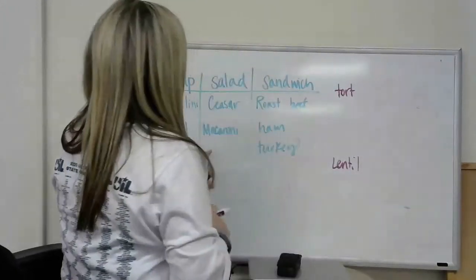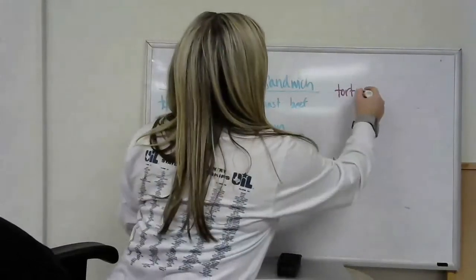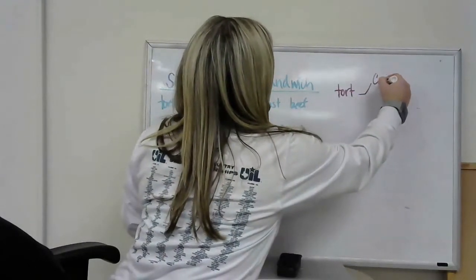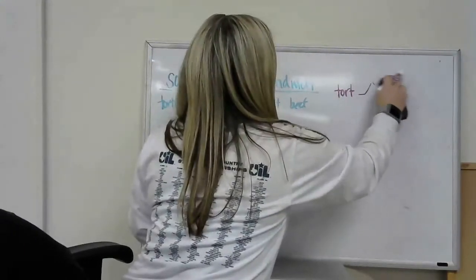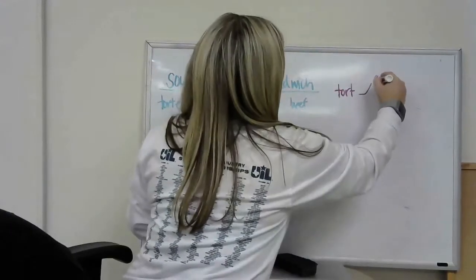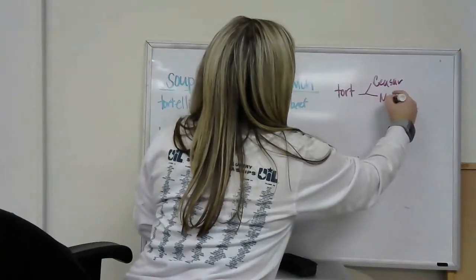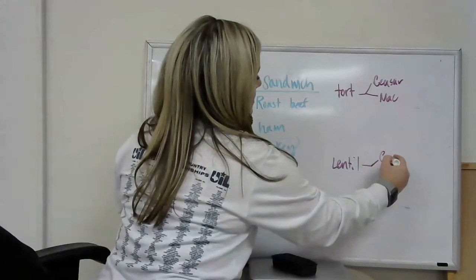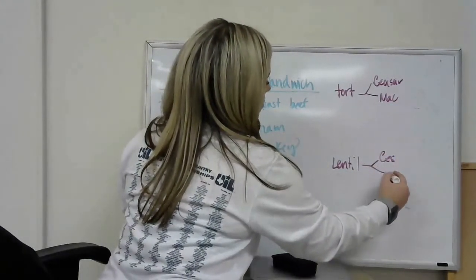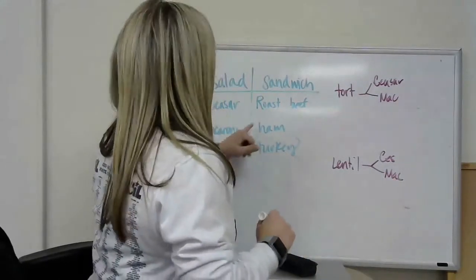Next, if you choose tortellini, you could then have Caesar or macaroni. I'm going to put mac. If you choose lentil, you could either have Caesar or mac. We don't have to write out all that.